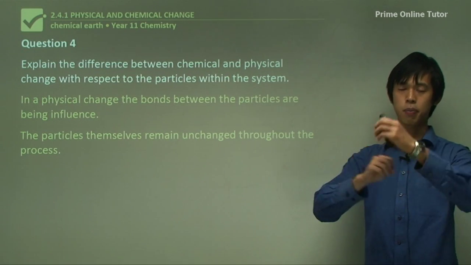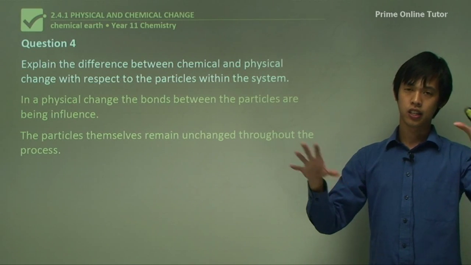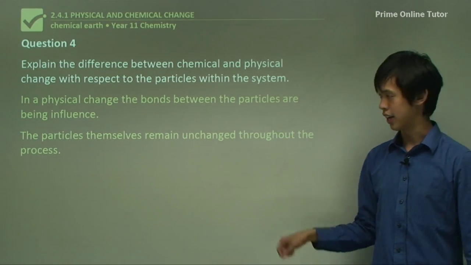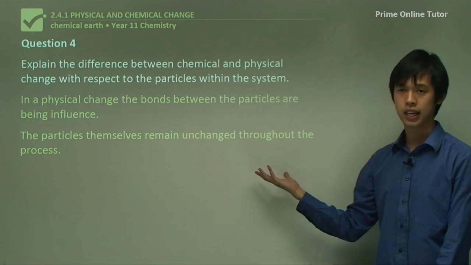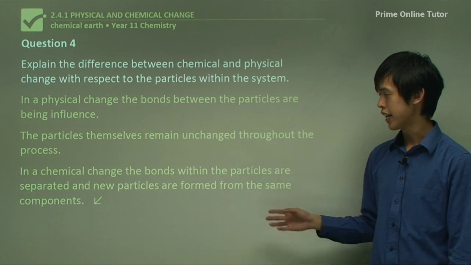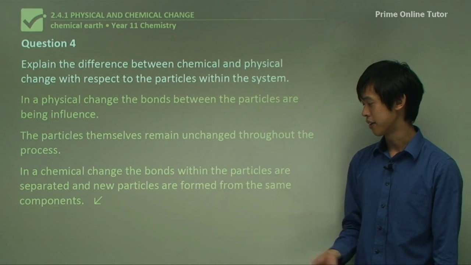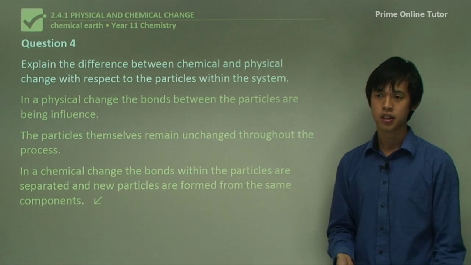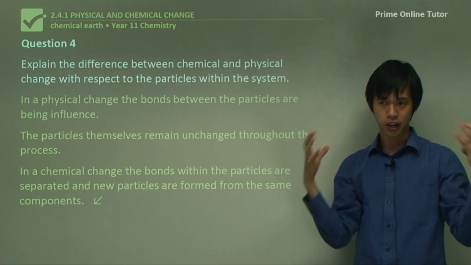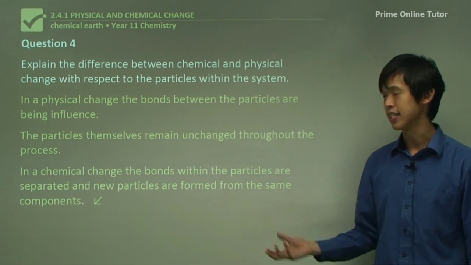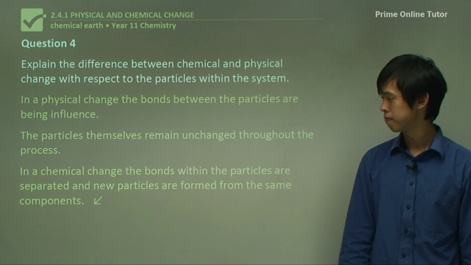So the particles are happy to just move around. Your reaction will just sort of shift them around a little bit or give them more space to move, something like that. In a chemical change, the bonds within the particles are separated and the new particles are formed from the same components. So the particles themselves are broken up into their components and put back together in a different way, and that's a chemical change. Okay?